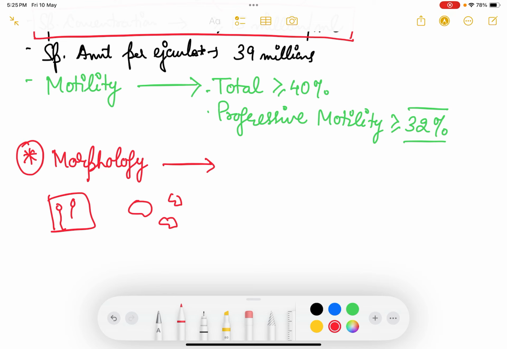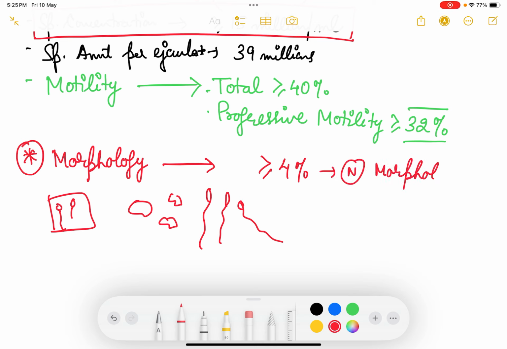There are different types of sperms which are present. But what is important is the form should be normal. It should have a head, a tail, mitochondria, everything should be present. So if you consider the morphology, then more than or equal to 4% of the sperm should have normal morphology.